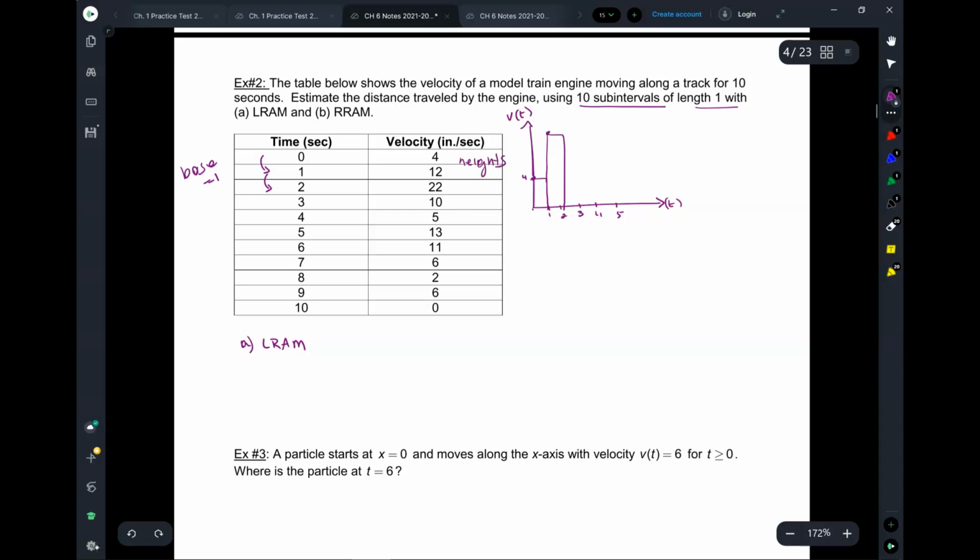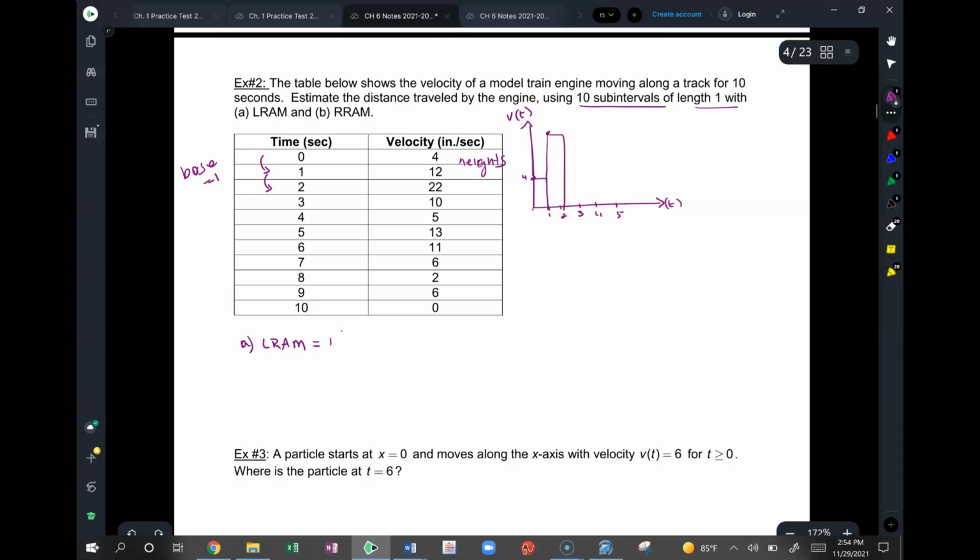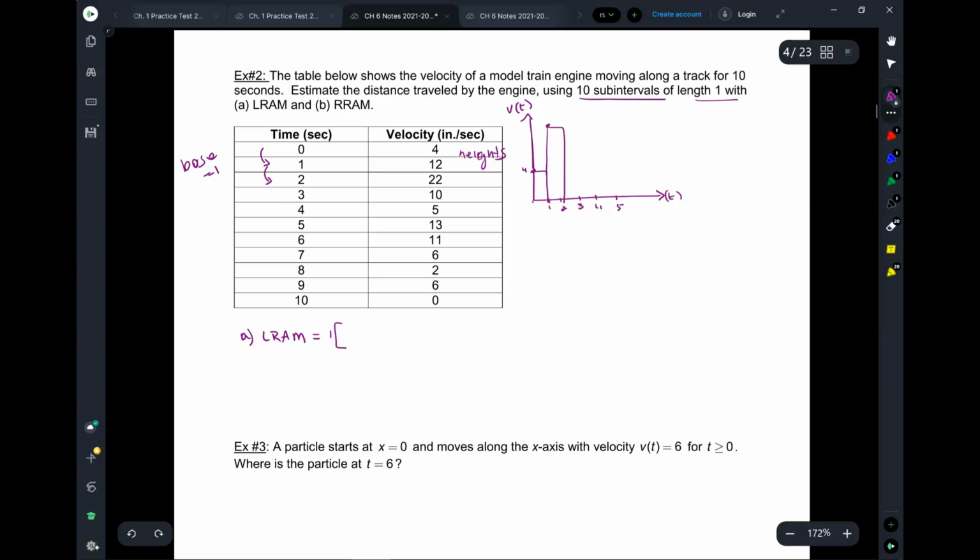Okay? So now, for Lram, each of the rectangles is going to have a base of 1 times each of the heights. For the first rectangle, what's the first height we're going to use? 4. All right, so basically for this one interval, it's 4.